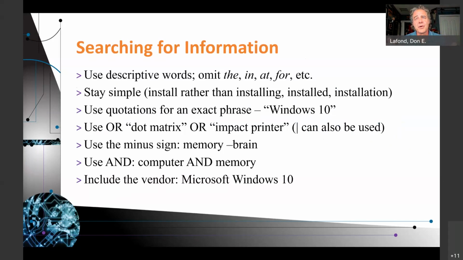Use quotes around exact phrases like error messages that you have. Use or, for example, dot matrix or impact if you want one or the other. Use and if you can, but you're probably not going to get a web page with and unless they're just general in nature. Use the minus sign to eliminate.